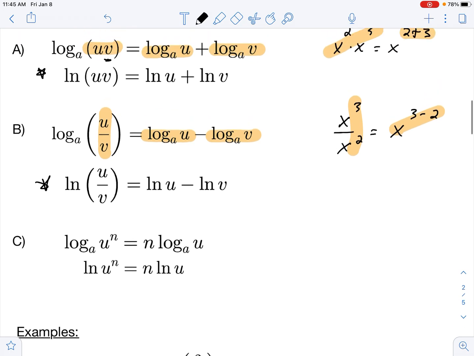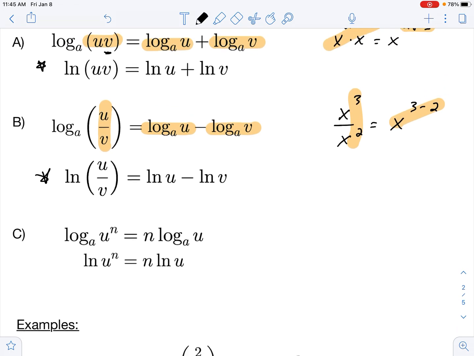And the last one we have here, so you have log base a of u being raised to the n, and that is going to equal n times log base a of u. So in essence, what you're really doing is you are dropping that down into the front as a multiplication.